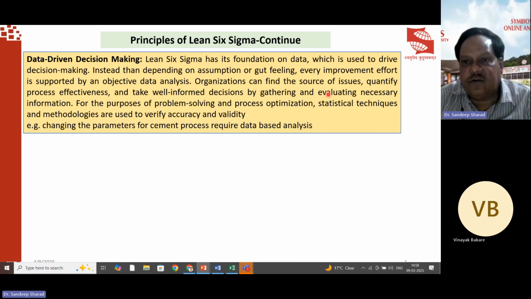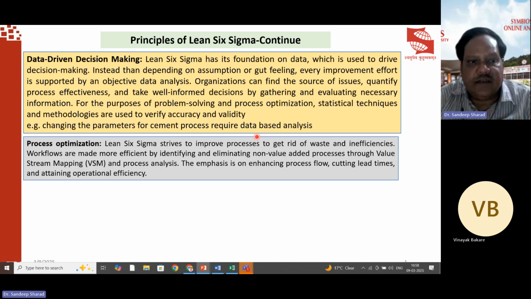Organizations can find the source of an issue, quantify process effectiveness, and take well-informed decisions by gathering and evaluating the necessary information. For problem solving and process optimization, statistical techniques and methodologies are used to verify accuracy and validity. Changing the parameters of the process requires data-based analysis.